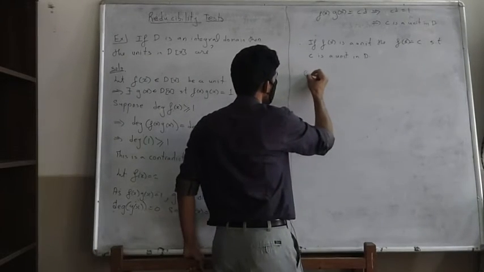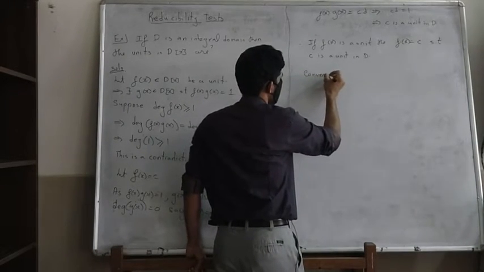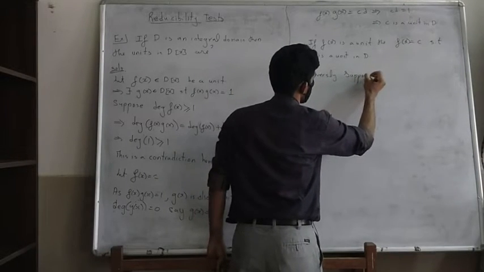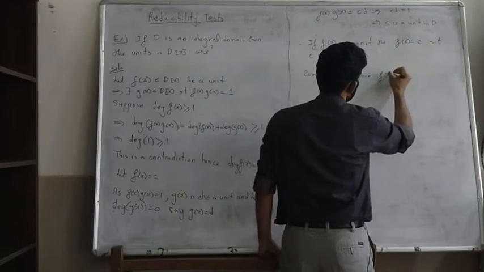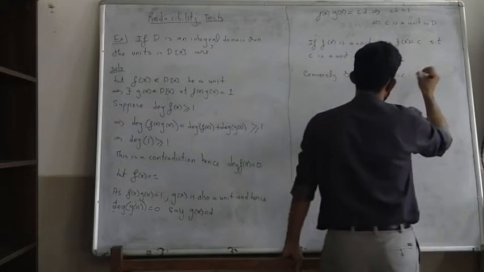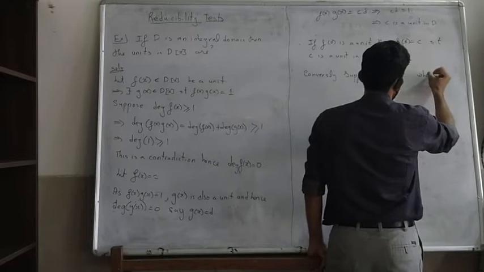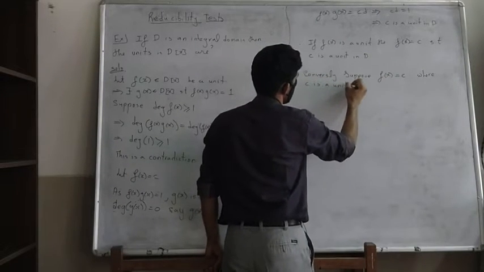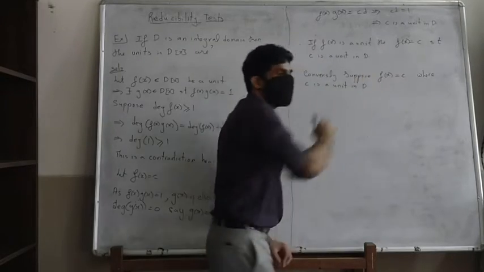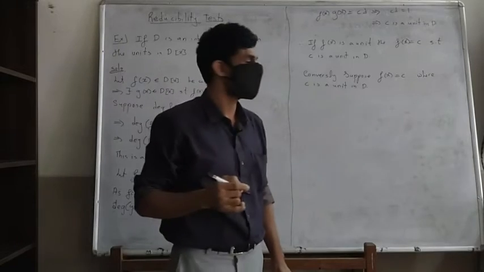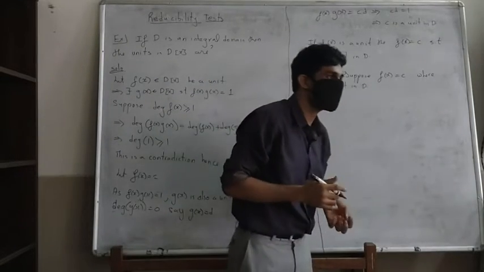So conversely, suppose f(x) equals C is a constant polynomial where C is a unit in D, then what will be the inverse of f?